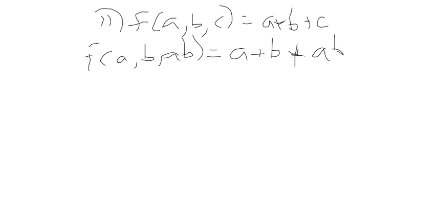You could use the absorption on that one, or you could use the absorption on those two. Remember, absorption says A or AB equals A. I did it the other way in my notes. So B or AB would be B. So we simply get A or B.